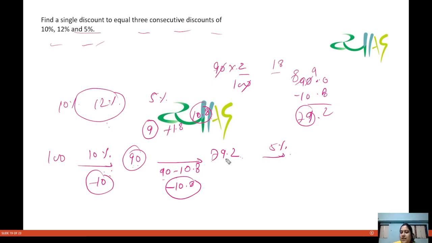Now from here you have to give a 5% discount. So 10% of 79.2 is how much? 10% of 79.2 is 7.92. So 5% of 79.2 is this divided by 2. So 2 threes are 6, 2 nines are 18, and 2 6s are 12. So 3.96 you have to subtract from here.